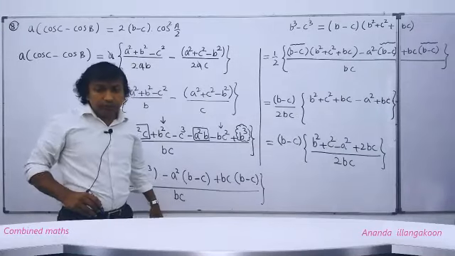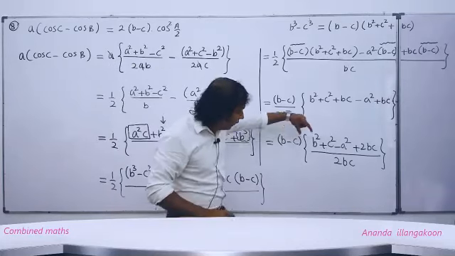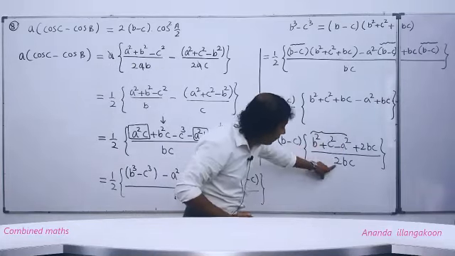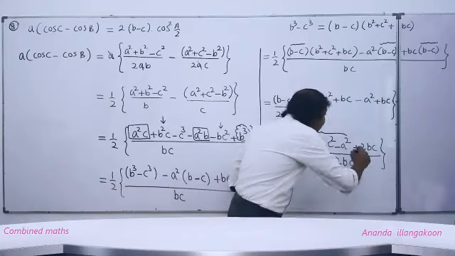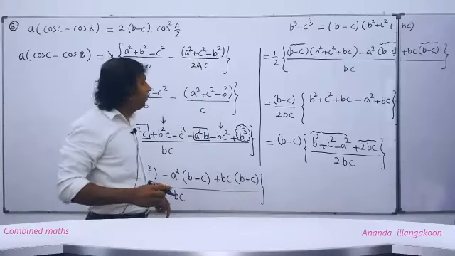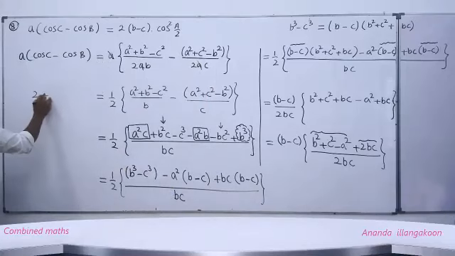Now what I do is, these three terms, I separate and divide by these two BC, and this term I separate and divide by these two BC. You know, when we have 2 plus 4 divided by 2, it means divide this 2 by 2 plus this 4 by 2.